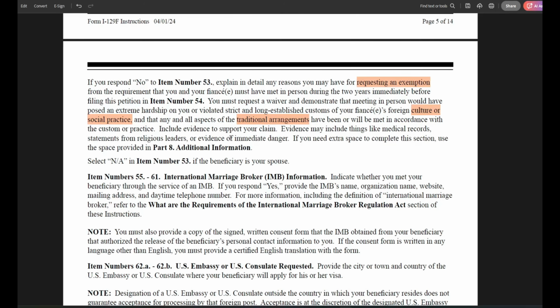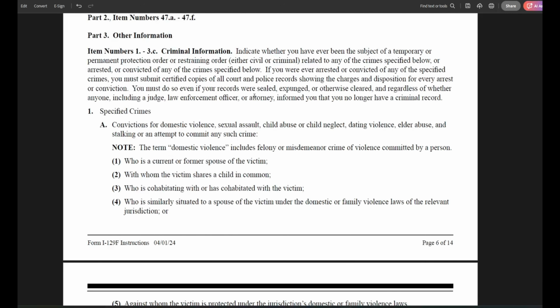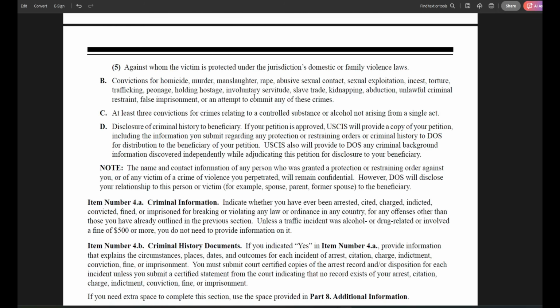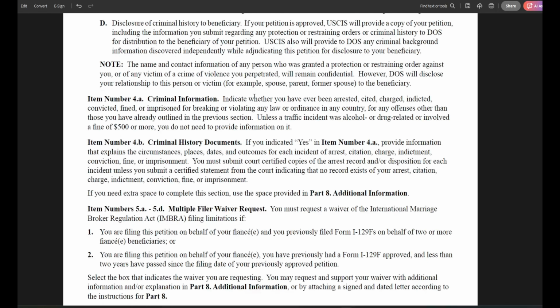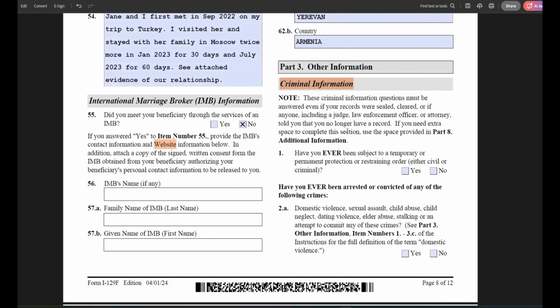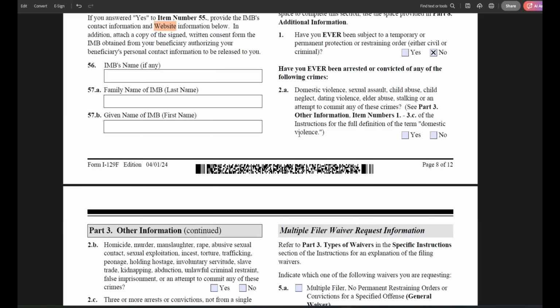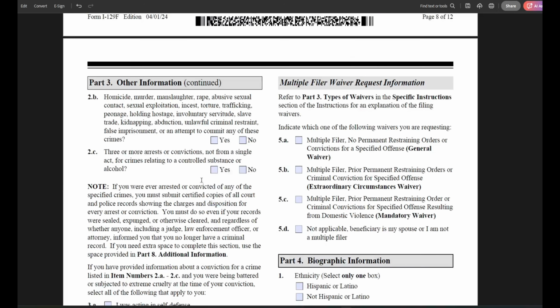I encourage you to also read the form instructions to see what kind of criminal information they're asking for and what kind of documents you will need to provide. Have you ever been arrested or convicted for any of the following crimes? If you answer yes to any of these, I recommend that you at least consult with an attorney to see if they can help you apply for a waiver, which we will talk about in a minute.